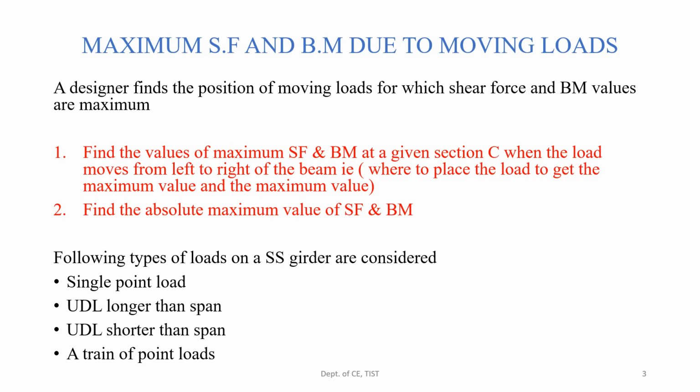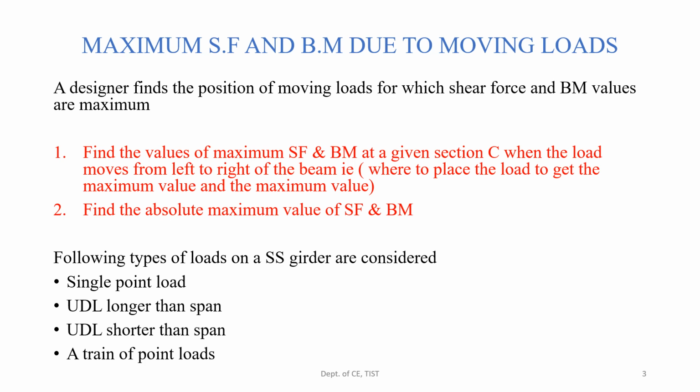The influence line diagram is a diagram whose ordinates, plotted as a function of distance along the span, give the value of an internal force like a reaction, shear force, bending moment, or a displacement at a particular point in a structure as a unit load moves across the structure. You already know how to draw the influence line diagram for shear force and bending moment of a simply supported beam.